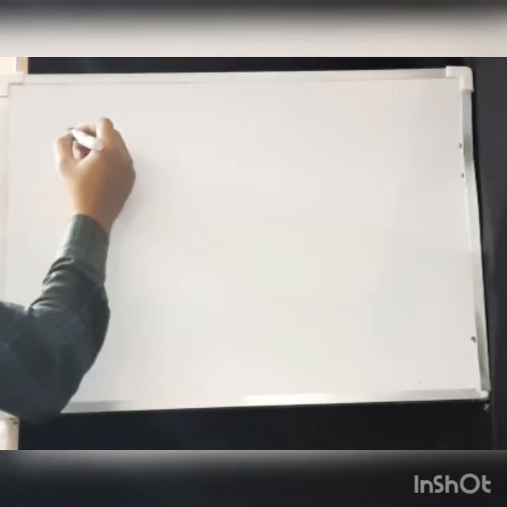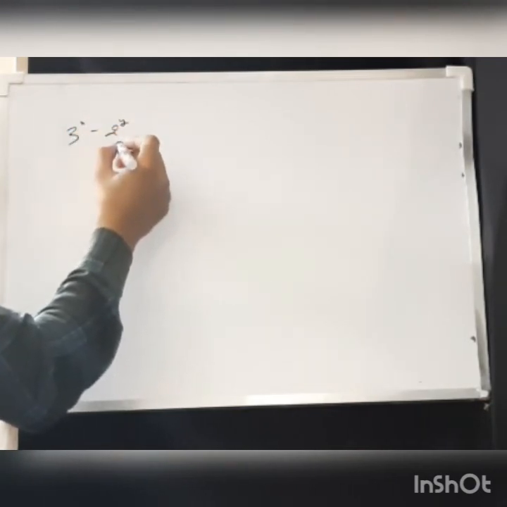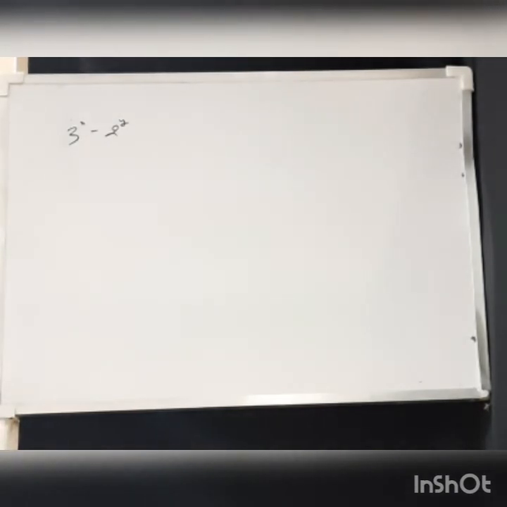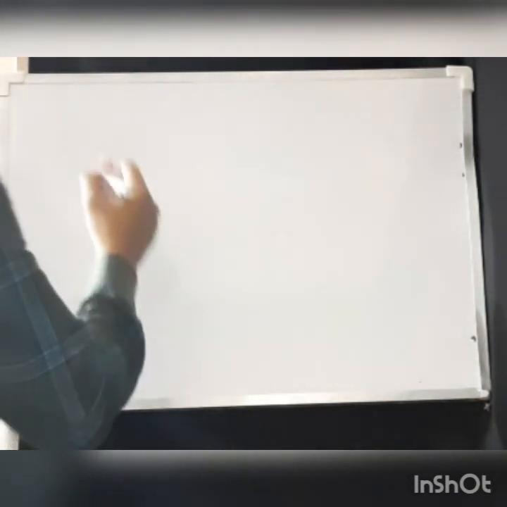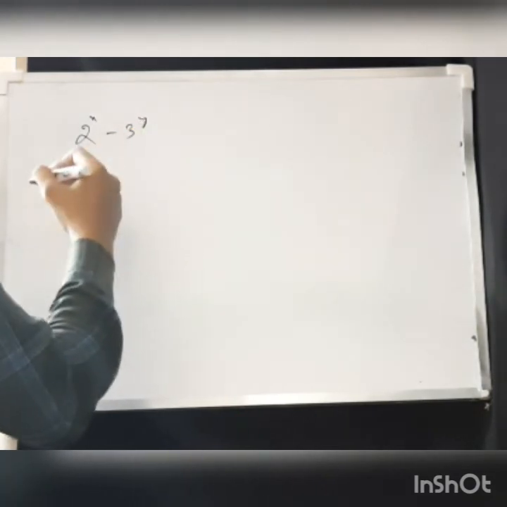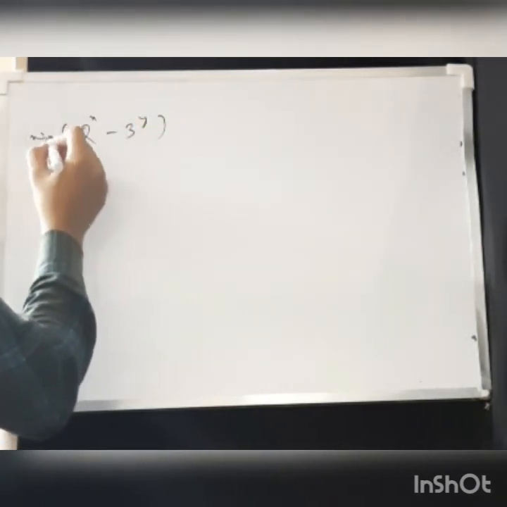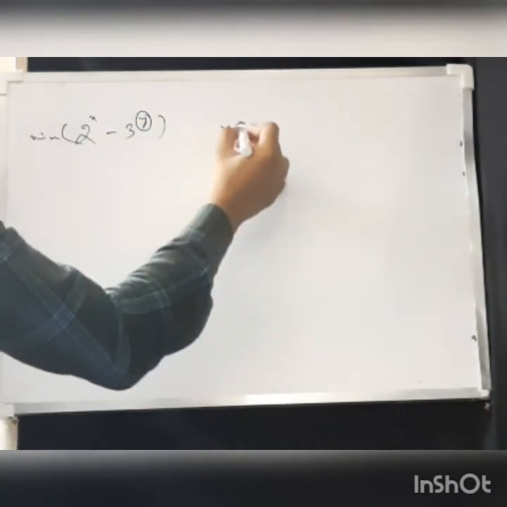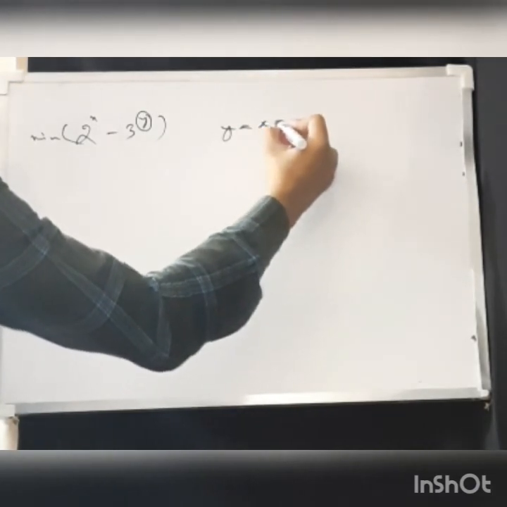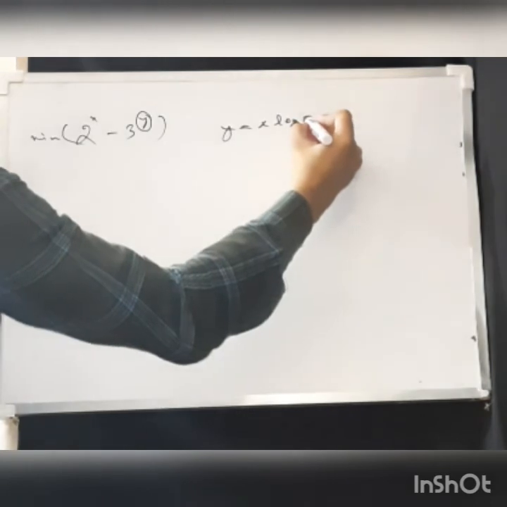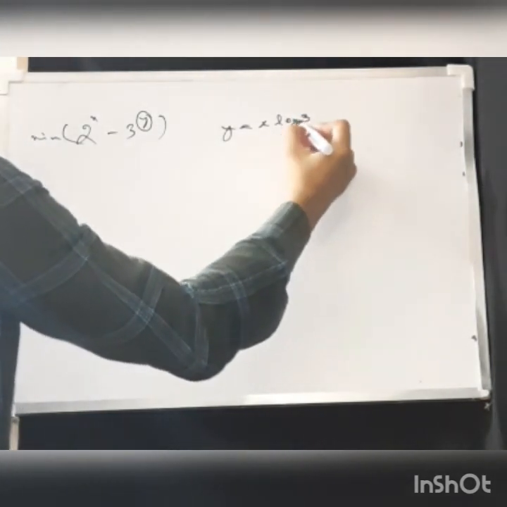So we know that 3 to the power x minus 2 to the power y, we know that 2 to the power x minus 3 to the power y, for this to be minimum, y needs to be equal to x multiplied by log 2 over log 3.